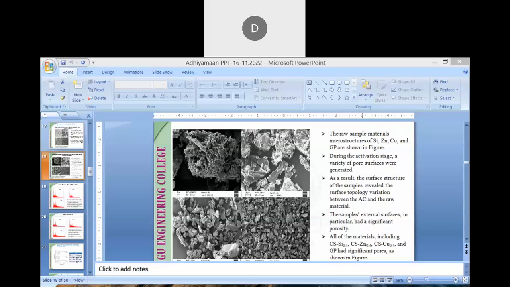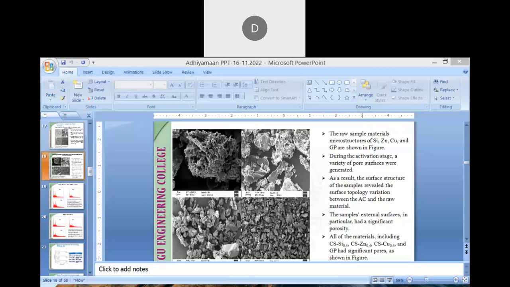So during the activation process, a variety of pore surfaces were generated, and as a result, the surface structure of the samples was revealed by the surface topology. The external surfaces in particular, including the metals, have significant porosity.